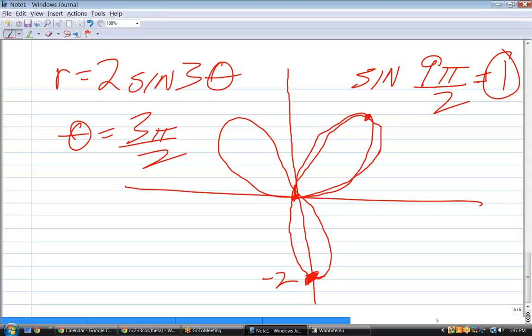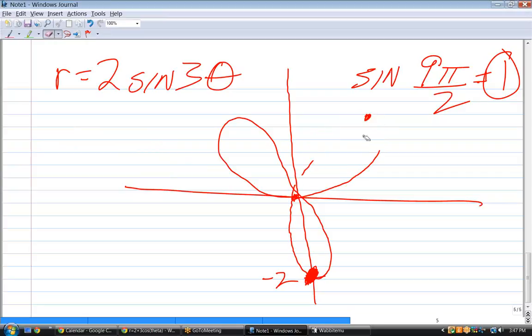So this point that I'm graphing right here comes at pi over 2. In other words, let's be clear on that, because it's a little confusing. I was confused, but now I'm not. So if I'm tracing this thing out, I'm starting at 0.